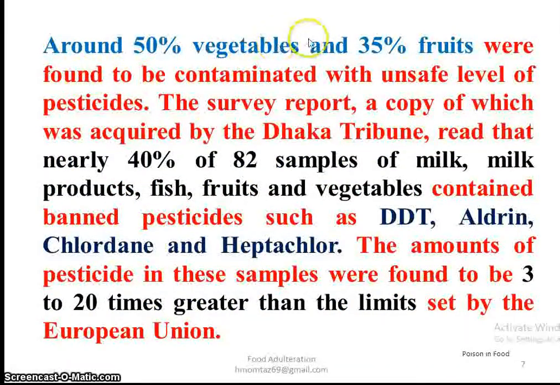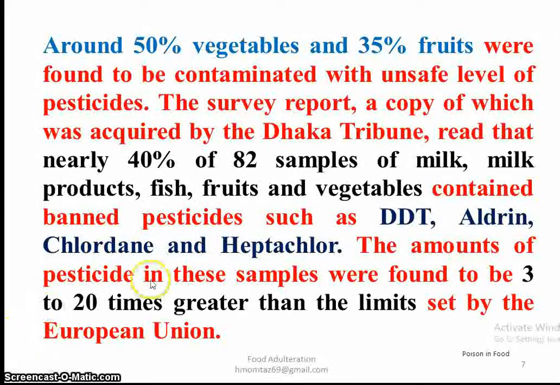around 50% of vegetables and 35% of fruits were found to be contaminated with unsafe levels of pesticides. Nearly 40% of 82 samples of milk, milk products, fish, fruits and vegetables contain banned pesticides, as I told you earlier: DDT, Aldrin, Chlordane and Heptachlor.